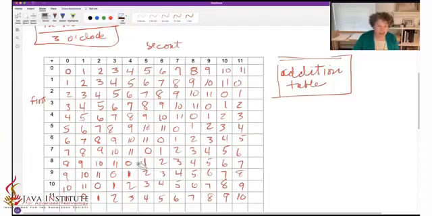Every pattern is abstract, but there's lots and lots of patterns in here. Does anybody want to say something about a pattern? Okay, patterns diagonally. Beautiful, beautiful, beautiful. So I'm assuming you mean like this. This is a diagonal. Okay.